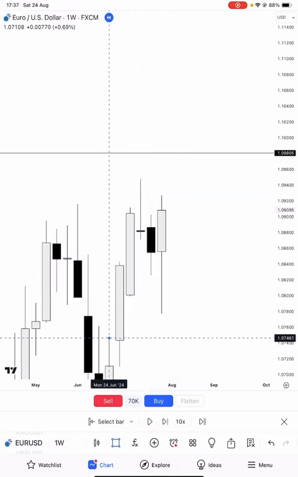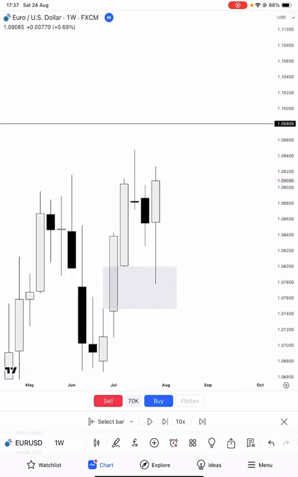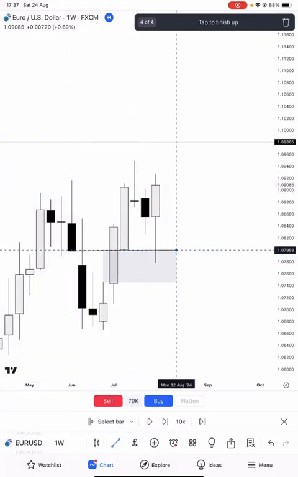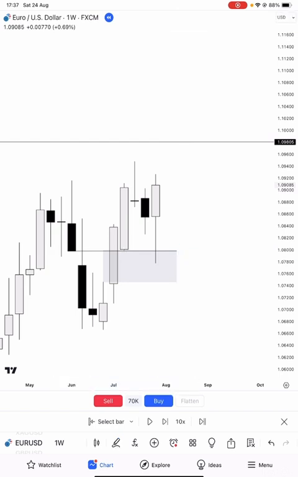This weekly candle, what did this do? So thick weekly candle, just below there is this weekly FVG paired up with a previous volume imbalance just below.